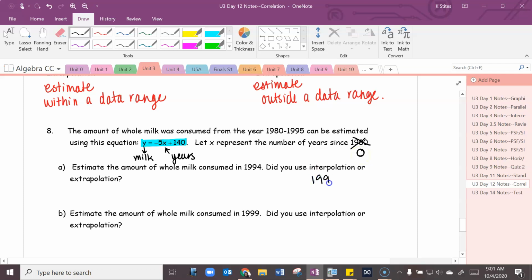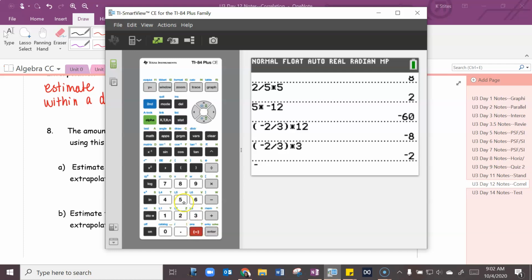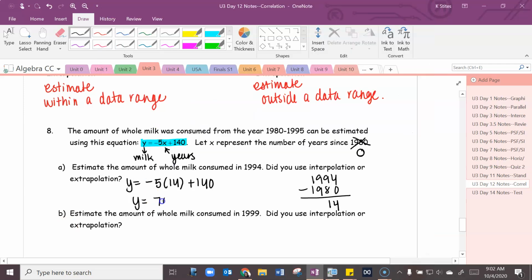We can do that by subtracting 1980 from 1994, and that is a total of 14 years. So all we're going to do is go ahead and plug 14 in for X, and then we will use our calculator to see what that gives us, which is a 70. Gallons. It didn't specify units, but I'm going to say it's gallons here.